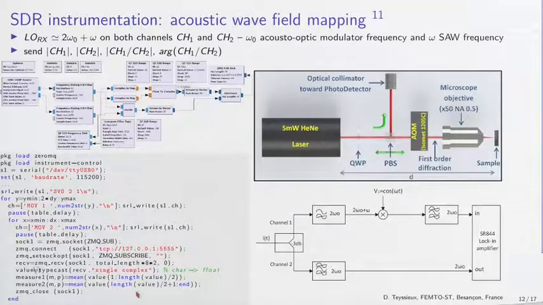GNU Octave has an instrument control toolbox, and this instrument control can communicate through a serial link with, for example, this positioner stage. So in this example, which will be described further in the next slides, here we use the streaming procedure of 0MQ. 0MQ is a UDP-like data stream that will send data from GNU Radio to the laptop.